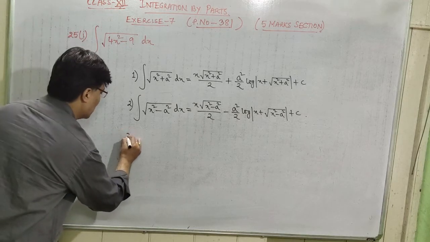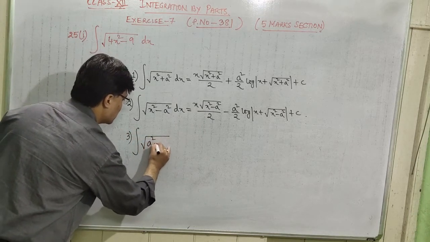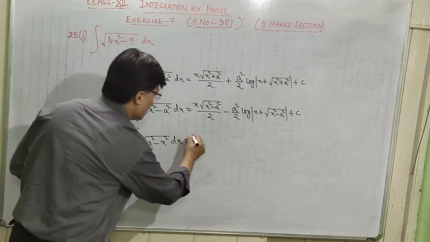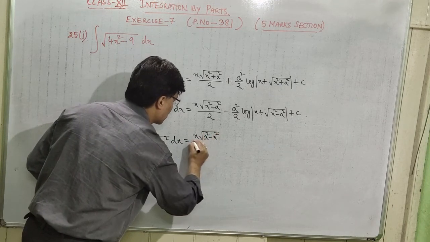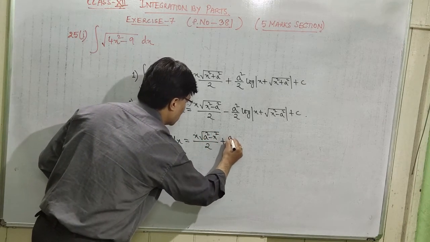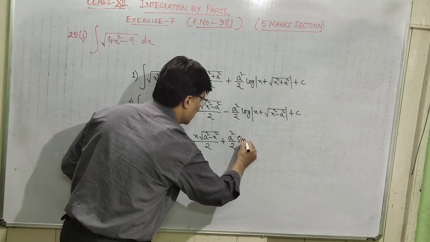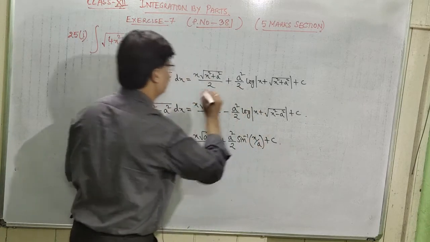And the third one is the integral of root over a square minus x square dx. The formula was x root over a square minus x square by 2, plus a square by 2 sine inverse x upon a, plus c.